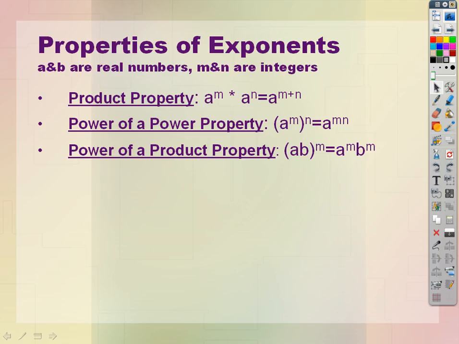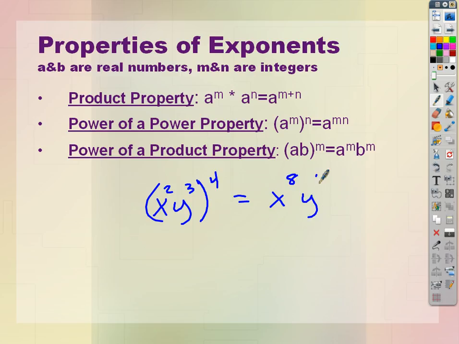So for example, what if I've got x squared y cubed to the fourth? What does that equal to? Okay, good. Make sense?